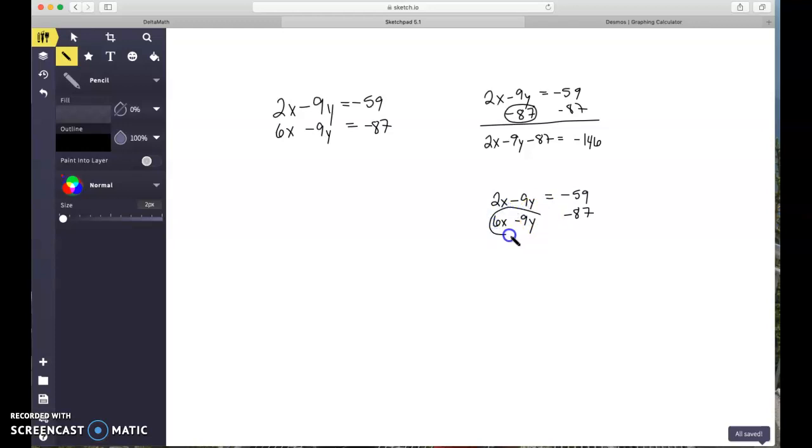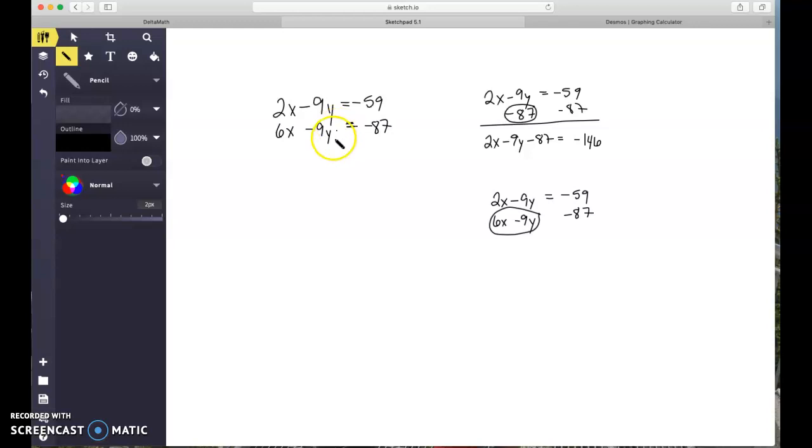This is the same thing as negative 87 because of this equal sign. I know that that's true. So I'm still technically keeping my equation balanced. Okay, so I can add or subtract anything I want to both sides of the equal sign as long as they're equivalent and I keep my equation balanced.